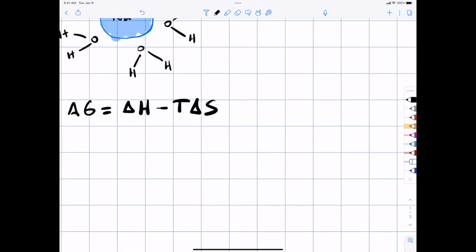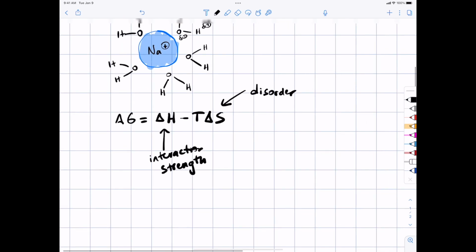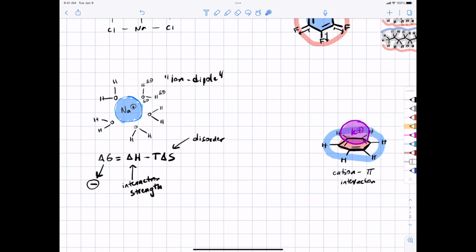The concept here is enthalpy represents interaction or bond strength. Since we're talking about non-covalent interactions, we'll deal with interaction strength. And entropy is related to disorder. Processes that are favorable have negative free energy. You can make a process favorable in two ways. First, the interactions you make can be stronger than the interactions you break, or the process can increase the disorder of the system, right?